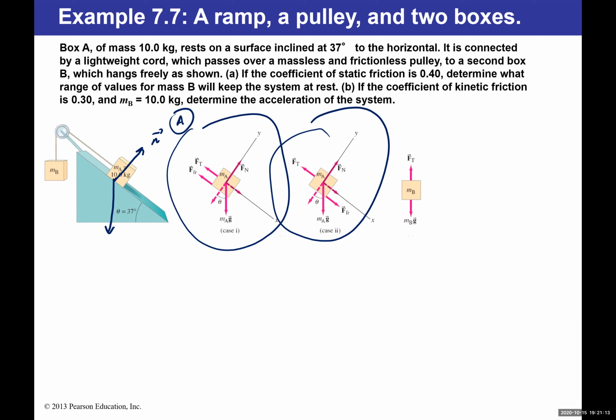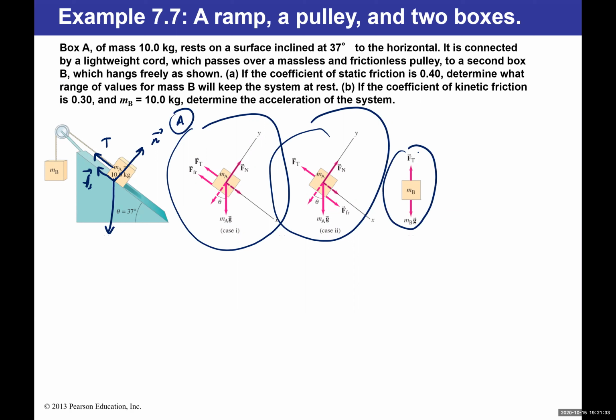Then there's a tension acting, plus a friction. Because we prevent mass A from sliding down, this static friction will be directed upward, the same direction as the tension.